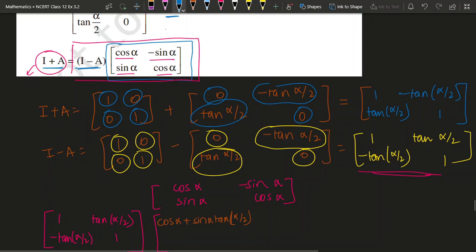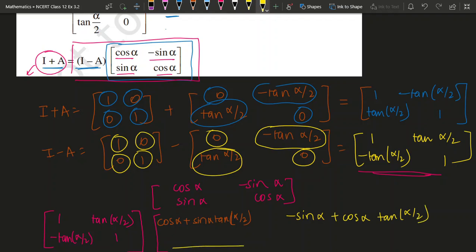You would also have, in the second entry of the first row, negative sine alpha plus cos alpha tan alpha over 2. Here you would have sine alpha minus cos alpha tan alpha over 2. And the last entry of this 2 by 2 matrix would be cos alpha minus sine alpha tan alpha over 2.